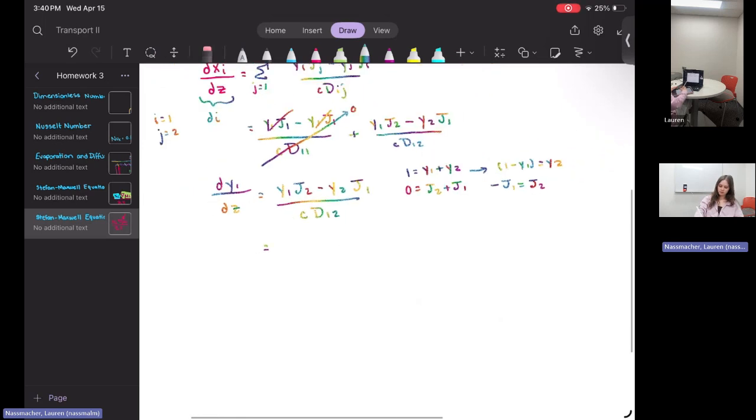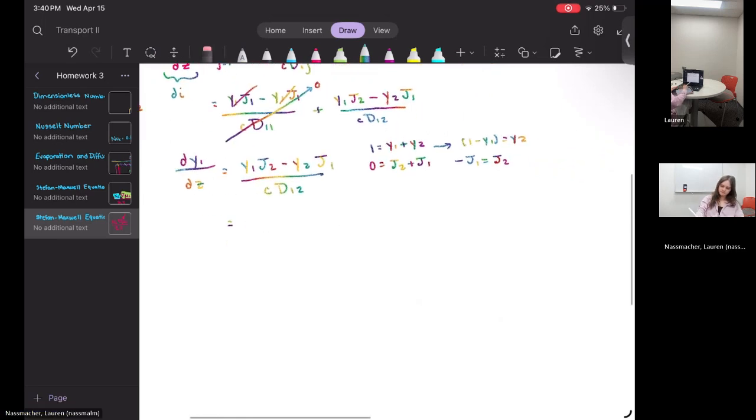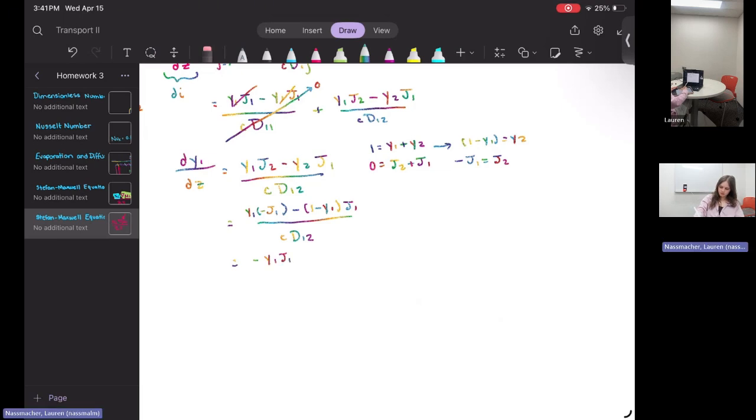Plugging that in, we get that y1, our mole fraction of 1, times negative diffusive flux of 1, minus 1 minus the mole fraction of 1 times diffusive flux of 1, over concentration times our diffusion coefficient. We're just going to make this minus J1 plus y1 J1.